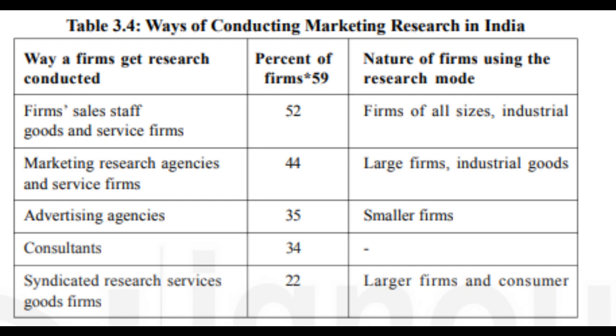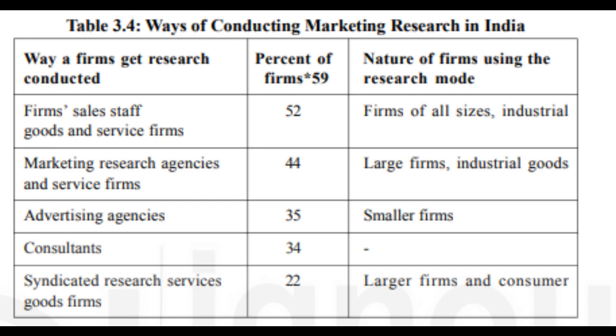It may be mentioned here that while the sales staff has been used by firms of all sizes, use of in-house marketing researchers, marketing research agencies, and syndicated research services has been more prevalent among the large-sized firms. Smaller firms show greater incidence of using advertising agencies for their research studies.